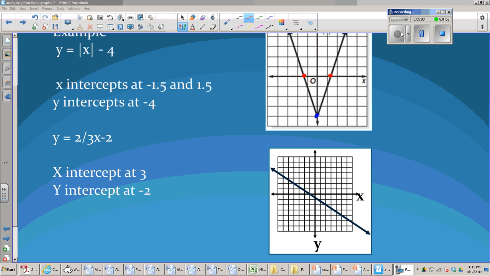We have y-intercept -2. Go up 2, right 3, up 2, right 3. Here's my line. Where does it cross the x-axis? +3. Where does it cross the y-axis? -2. So my x-intercept is 3. My y-intercept is -2.